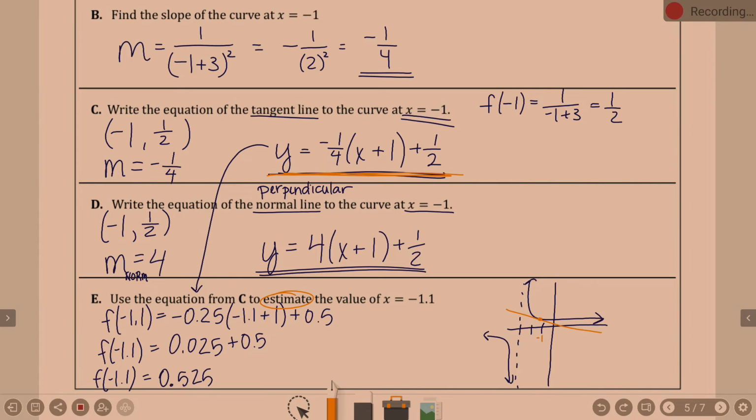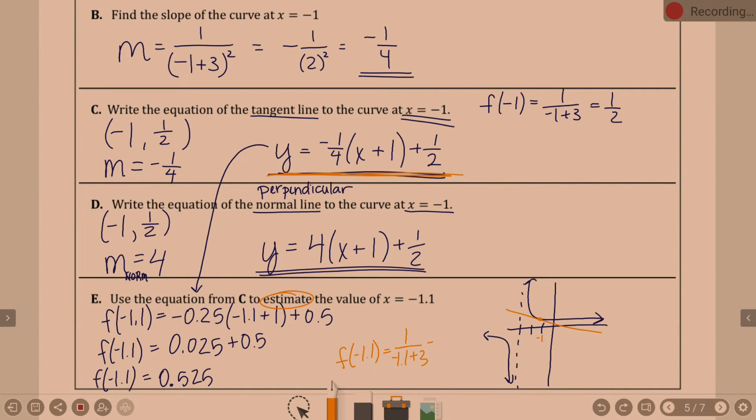Okay? And here's my proof. If I take negative 1.1 and I plug it into the original problem, which was 1 over x plus 3, I can't even remember now.